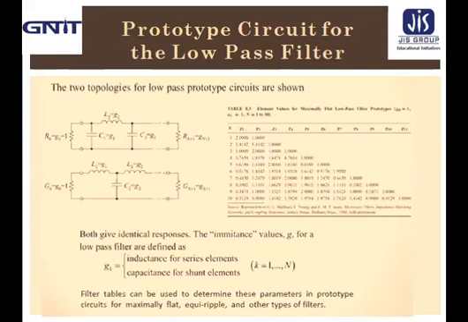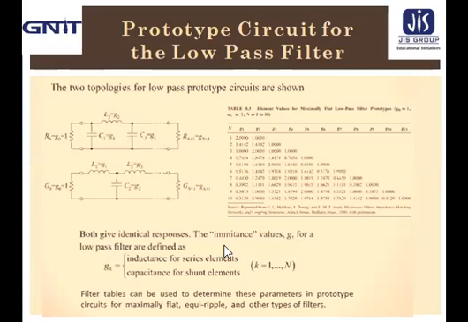This table shows the element values for maximally flat low pass filter prototype, where Z0 equal to 1, omega c equal to 1, and n equal to 1 to 10. Now both these give identical responses.